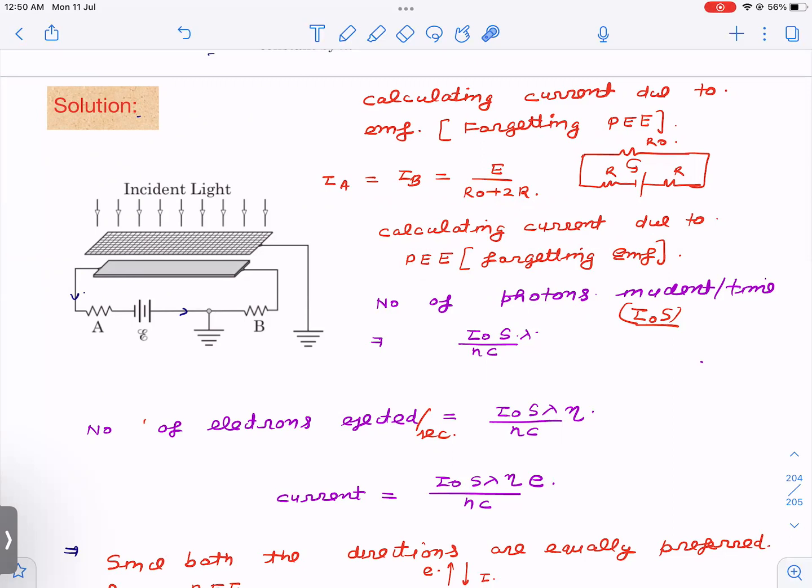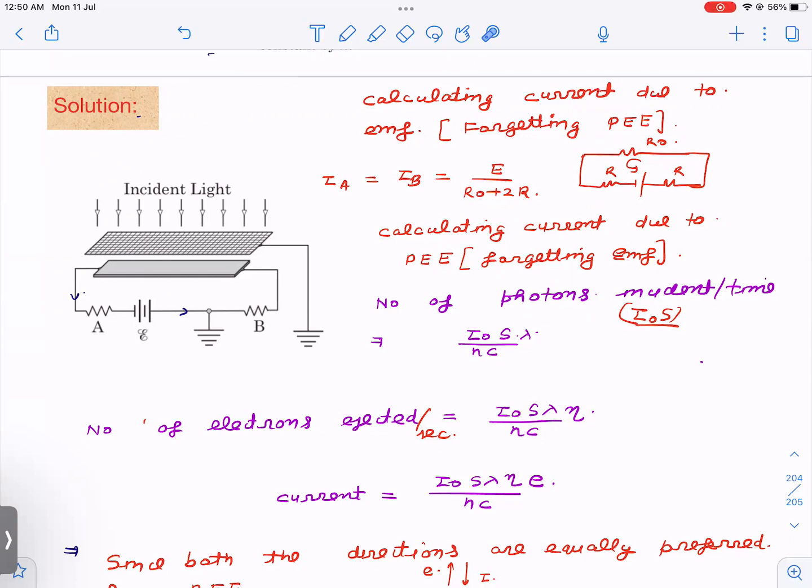Now to calculate this current, we have to first find out the number of photons incident on this plate per unit time. So what is the intensity? Intensity is I naught. Intensity is energy per unit time per unit area. So if I multiply by the area of the plate, given as S, then I get I naught into S as energy incident per unit time.